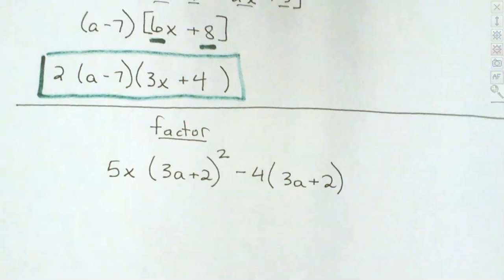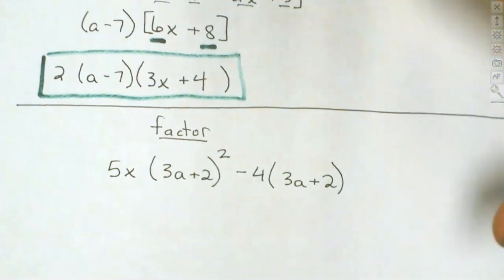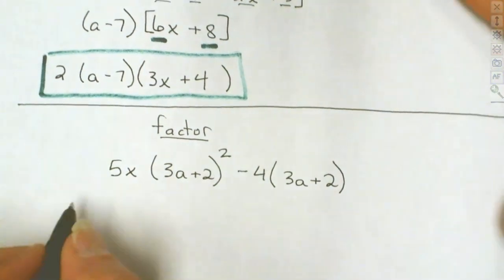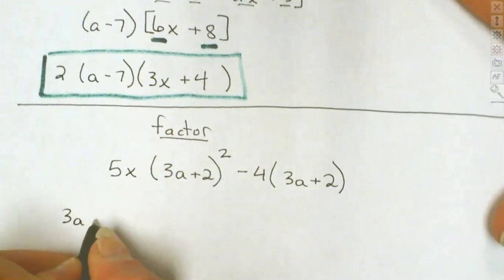So when we look at this, think of the parentheses as one item. And if the parentheses are the same, it can come out. So these both have a 3a plus 2 in common. They both do. So we're going to now take out that 3a plus 2.